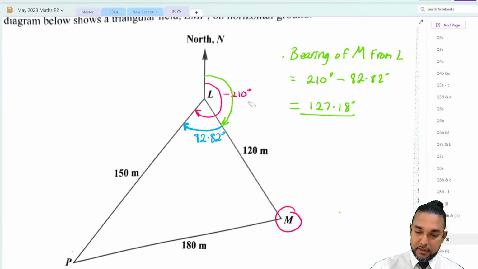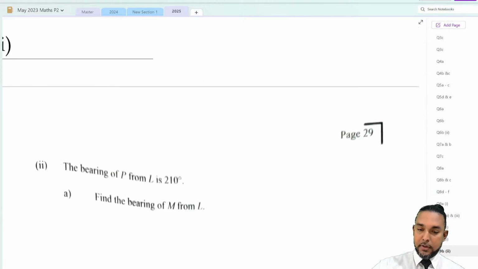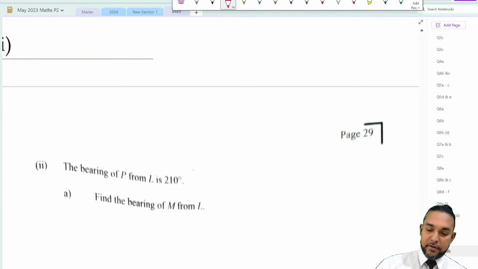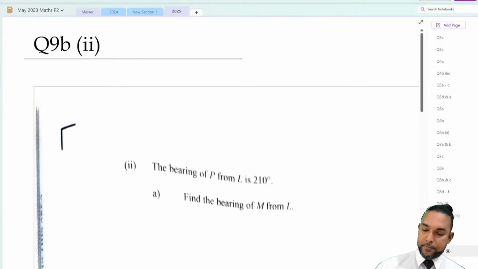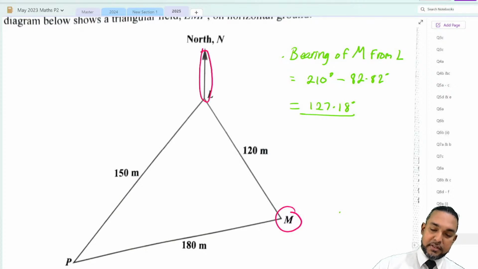Okay, so let me take off this stuff. The information gave us the bearing of P from L as 210. The bearing of P from L is the clockwise angle between the north line at the start point and the line joining the 2 points.